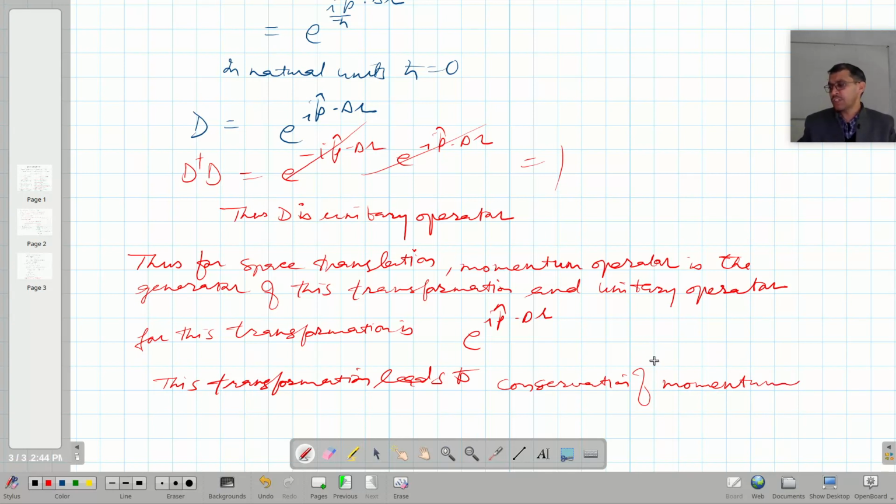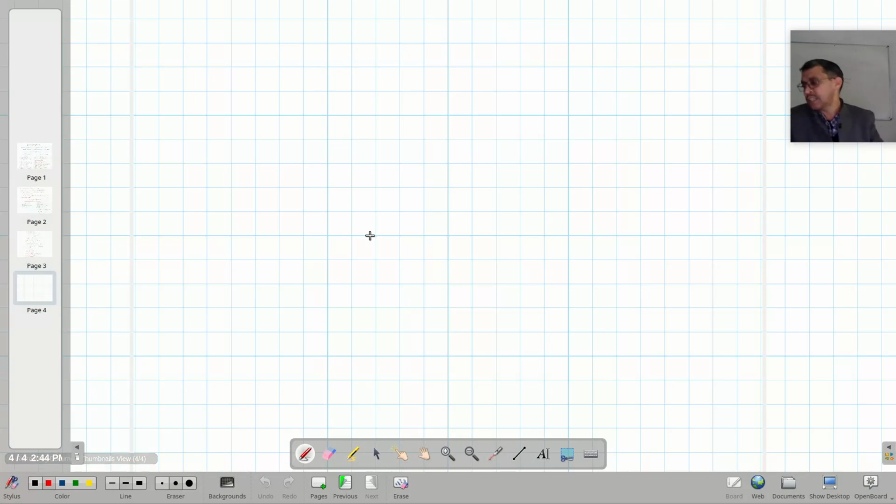So this is all about spatial transformation. Then let me talk about the rotational transformation. Next is the rotational transformation.